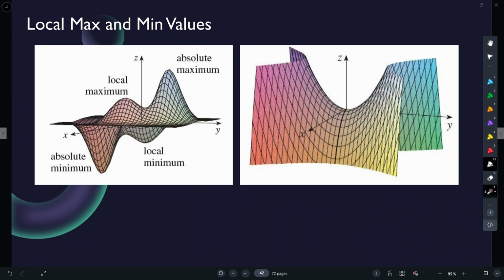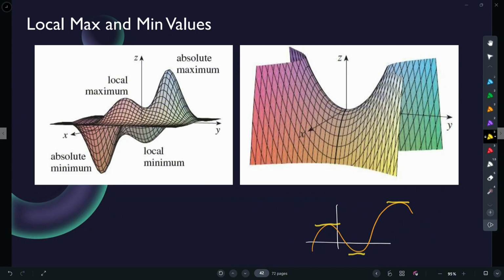How did we do it in one variable? We knew that the critical points, the possible maximum values and minimum values, happened where the tangent line is parallel to the x-axis, right? So the same thing happens here.